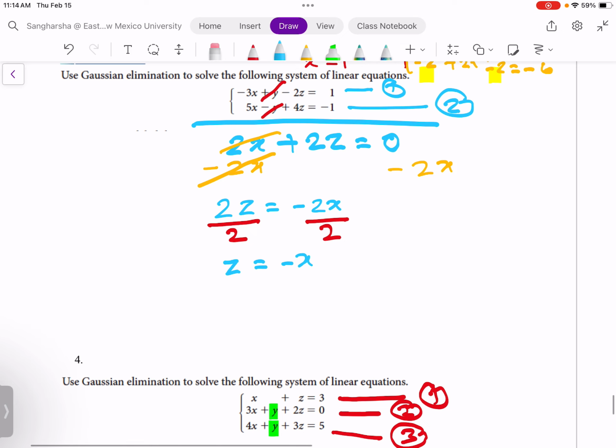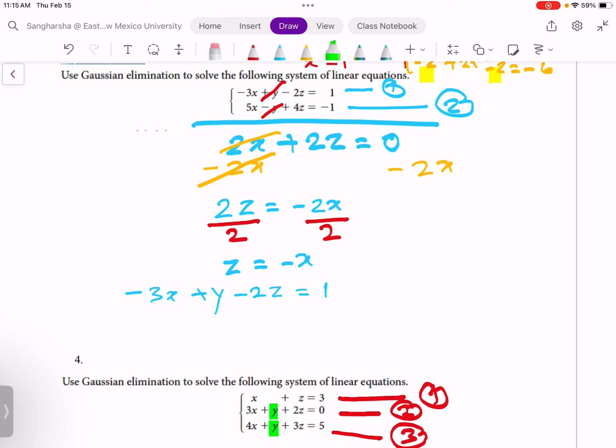Now we substitute z equals negative x in any one equation. Equation 1 or 2, it doesn't matter. Let me take equation 1. Our equation 1 is negative 3x plus y minus 2z equals 1.